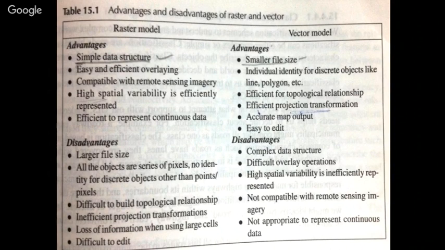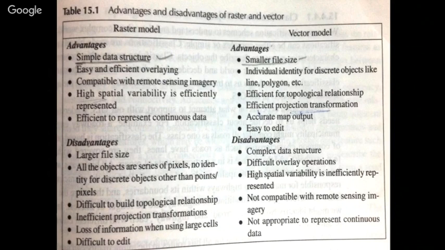They are compatible with remote sensing imagery. High spatial variability is efficiently represented through the raster model, and it is efficient for representing continuous data, for example temperature or elevation.